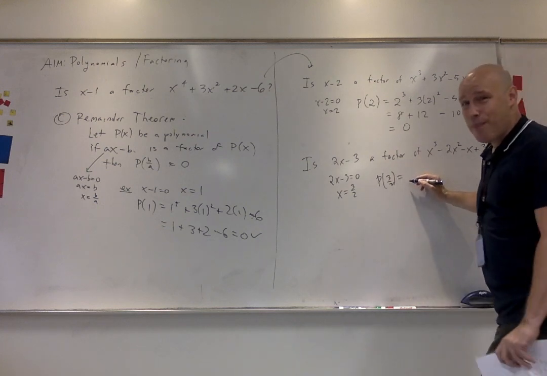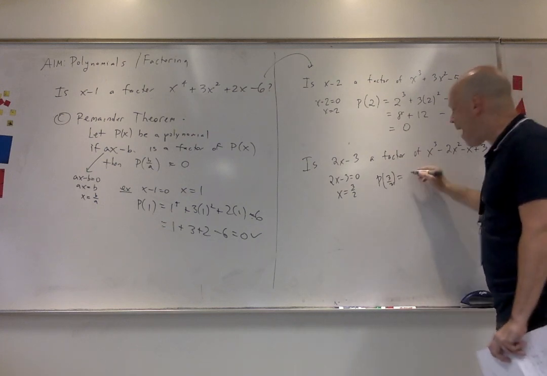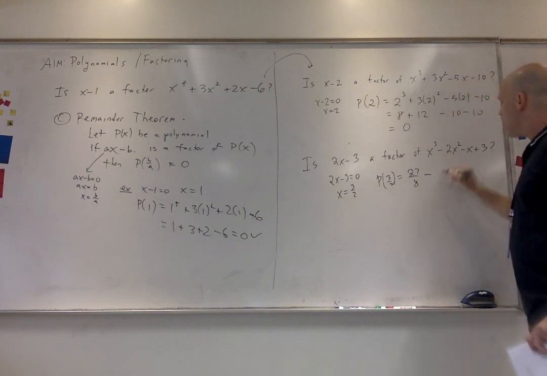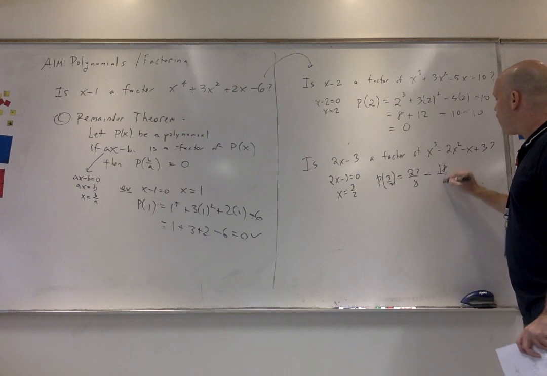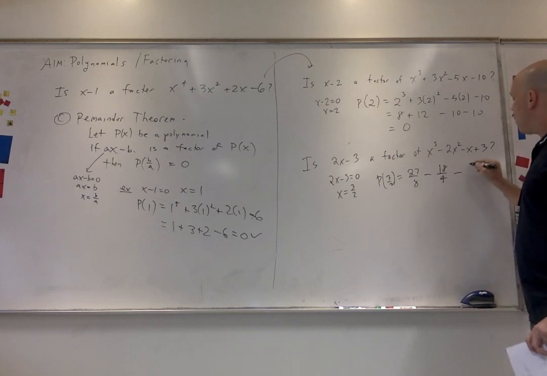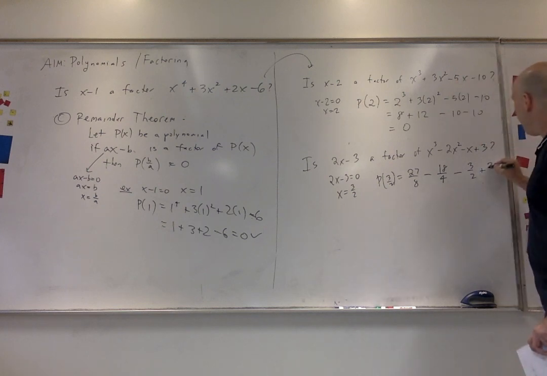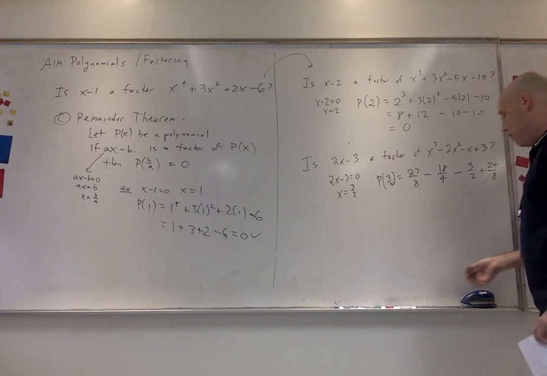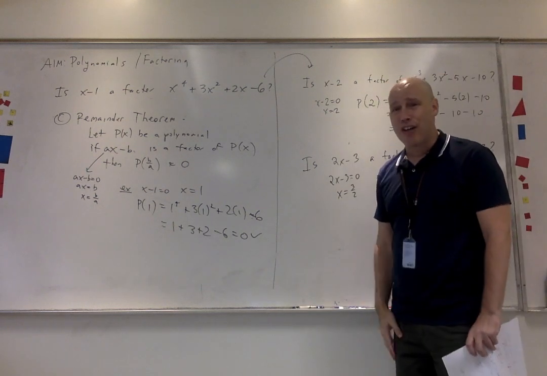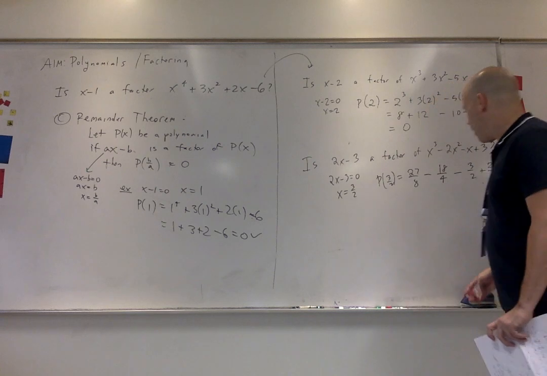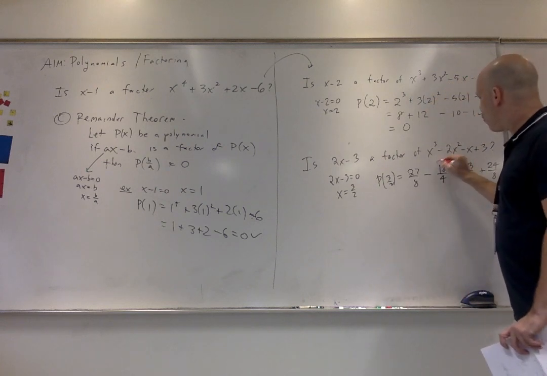Can I speed it up? Are you going to hate me for that? Too bad. 27 over 8 minus 18 over 4 minus 3 over 2 plus, you know what? I'm skipping ahead. 24 over 8. Because I'm not afraid of fractions because I'm in higher level math. What's going on over here? Let's see. 36 over 8.